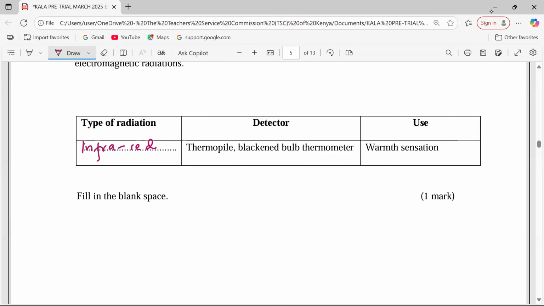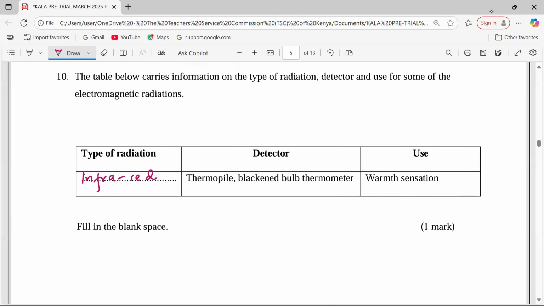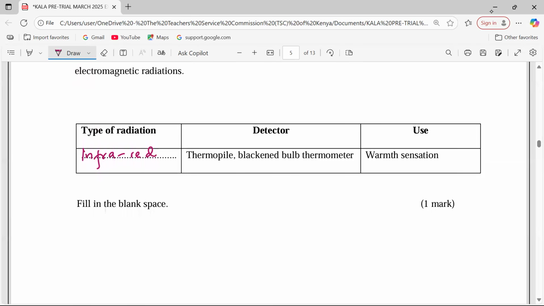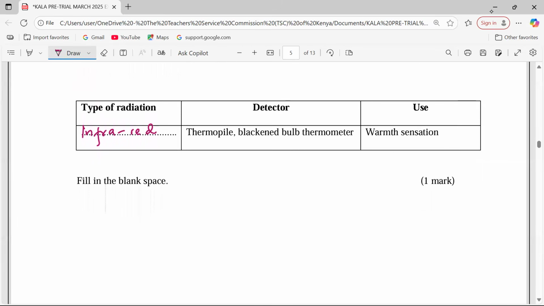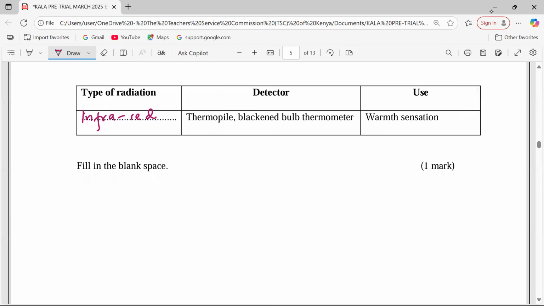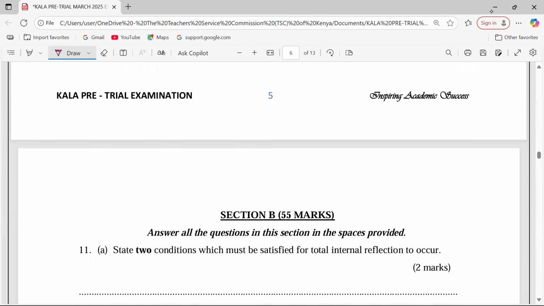Because on this topic, which is very simple, it is usually summarized into those three: the type of radiation, the detector that detects the particular radiation, and also the use of the radiation. So that is all about section 1, section A, that is.